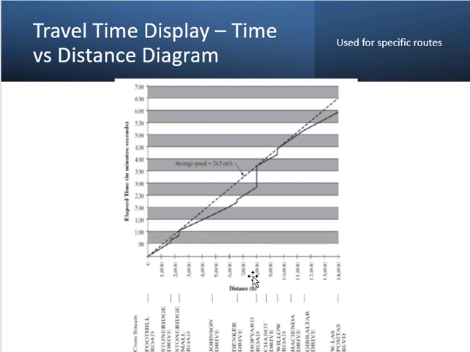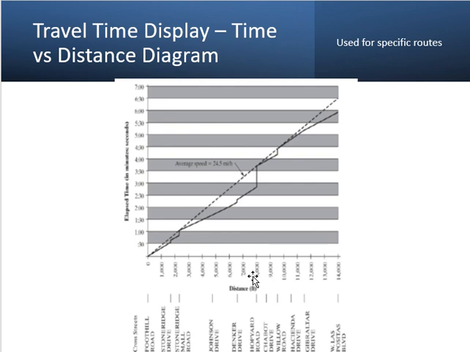This is another way of representing travel time data, which is the time distance diagram. In a time distance diagram, you plot the time and distance of your test vehicle, the test car. You are sitting inside the car and noting down the time and the distance covered by the car. That will become the coordinates of this diagram.